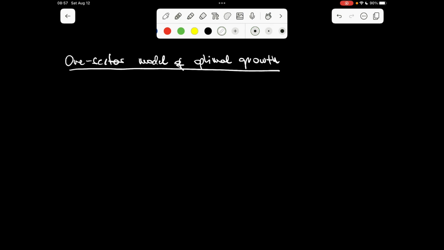All right, let's get started. The exercise we study today is the stochastic version of the one-sector model of optimal growth. In other words, the stochastic version of the basic neoclassical growth model.